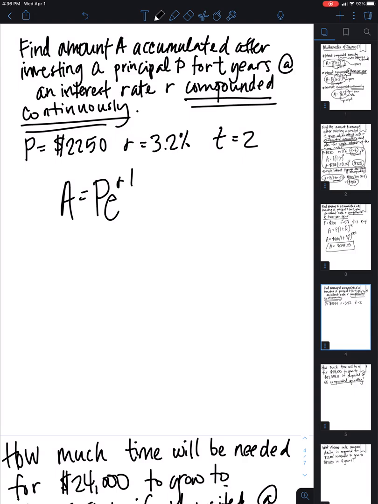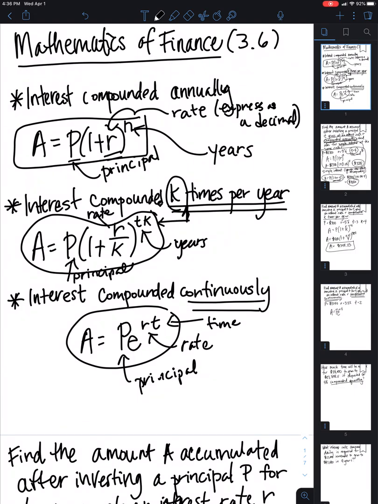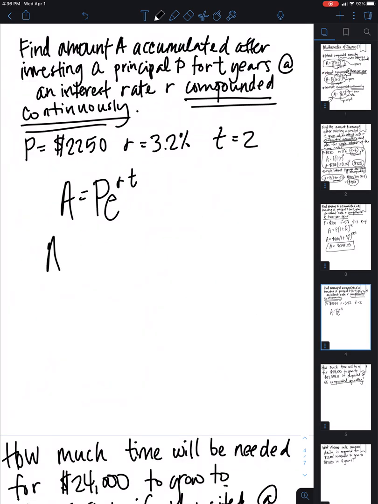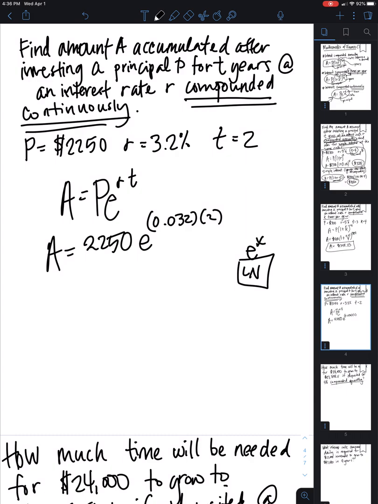So we're going to write the equation compounded continuously. Here it is. No surprise if you wrote this down. Okay, so I'm just going to fill it in. Remember, we have to write it as a decimal. Okay, I'm going to go to my calculator. If you don't know where the E button is, it's right above the natural log button on the left side of your calculator.